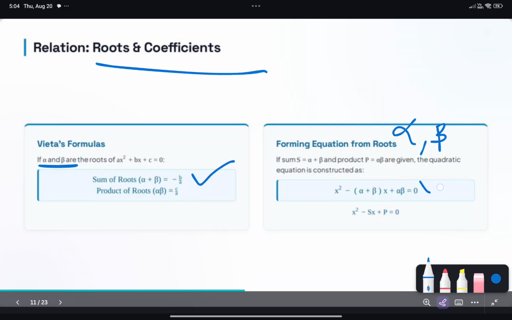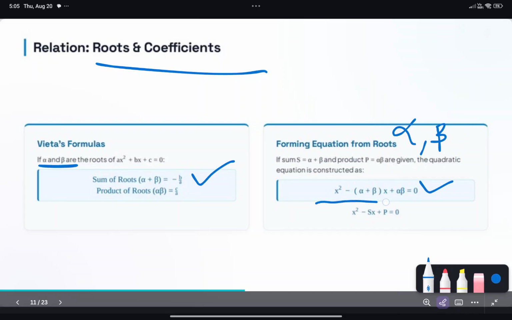With the help of this formula, if the sum S is equal to alpha plus beta and the product P is alpha beta, the quadratic equation is constructed.